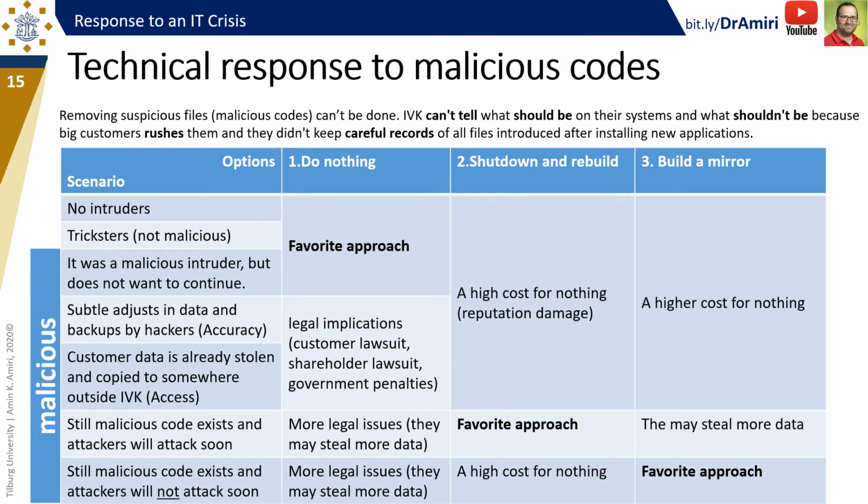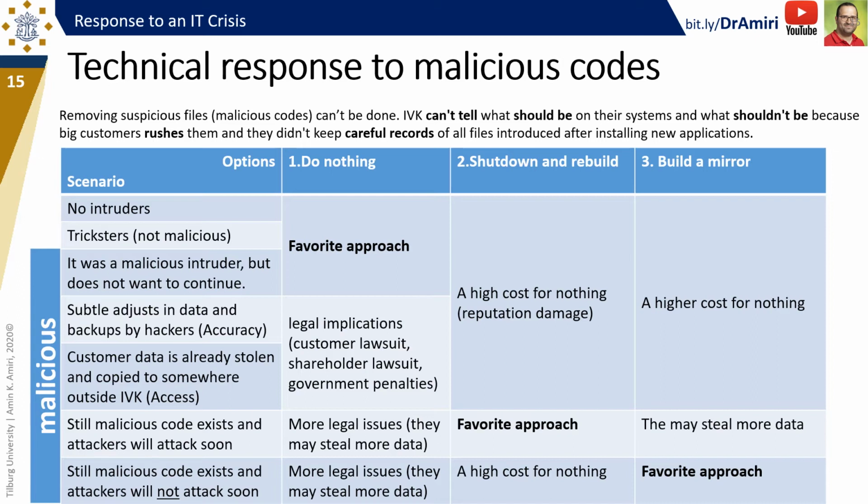If you don't know what files should be on your computer, then you cannot figure out what file should be removed as suspicious and what file can stay. And you may mistakenly remove a file that you need.